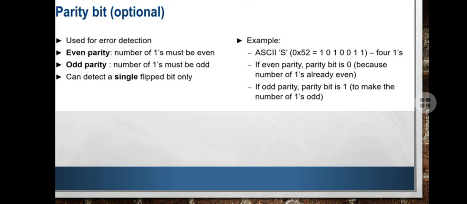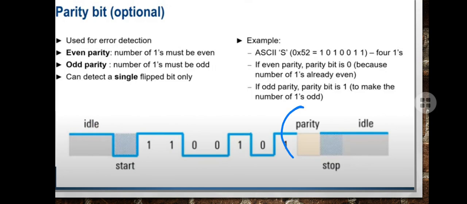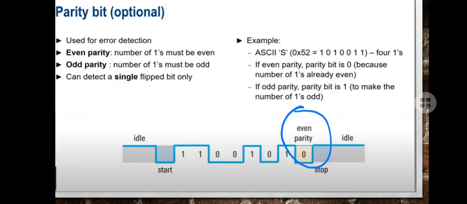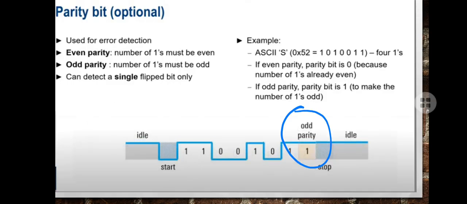If our parity is even parity, it will check whether the number of ones is even or not. In this letter S, the number of ones is 4, which is even, so it will generate the parity bit as 0 because the number of ones is already even. But if it is odd parity, then the parity bit will be 1, so that the number of ones becomes odd, just like in the picture below. Here is the parity bit: for even parity it is 0, and for odd parity it is 1.